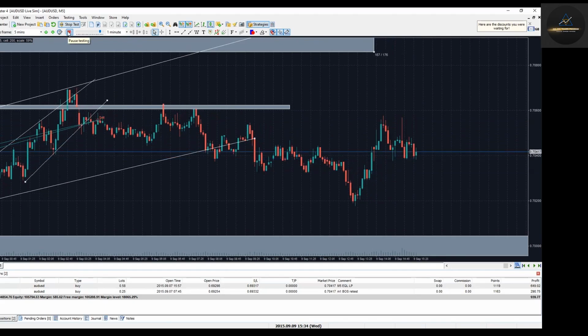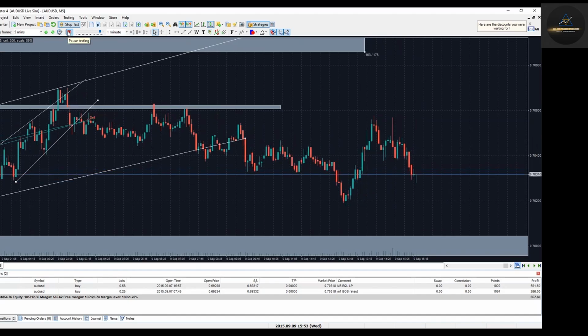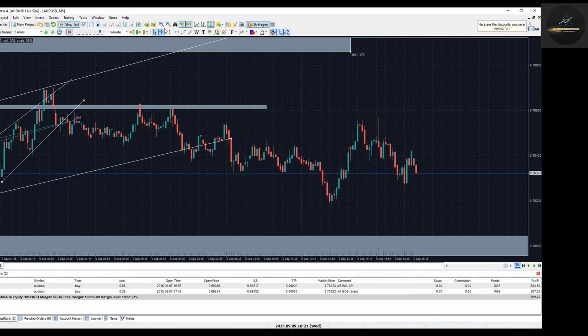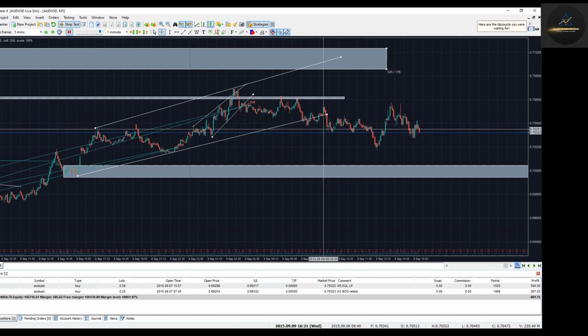We're now deep into the US session. So let's have a look at that boomerang actually. We've got equal lows, so let's separate the patterns. We've got equal lows here.